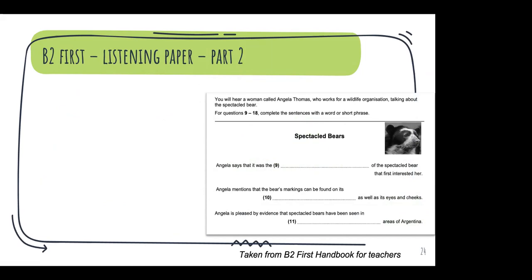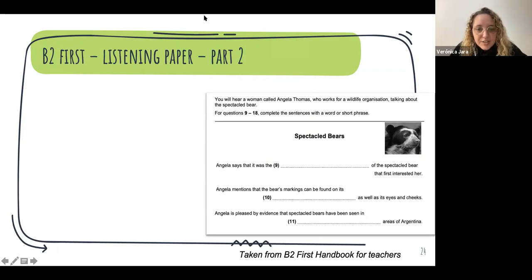Something similar that we can do, in this case in part 2, is checking for specific details and aspects. Sorry, I'm trying to read what you have written in the chat. Very good, paraphrasing, yes, this is exactly what Ellie was saying.